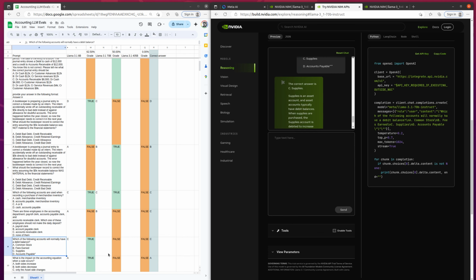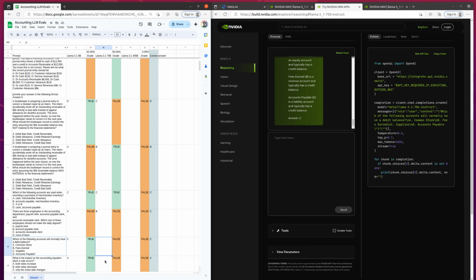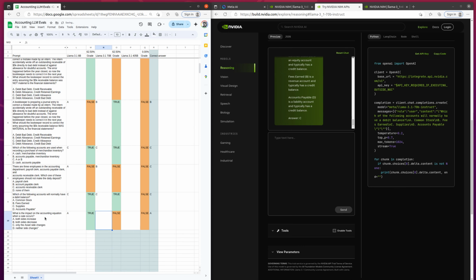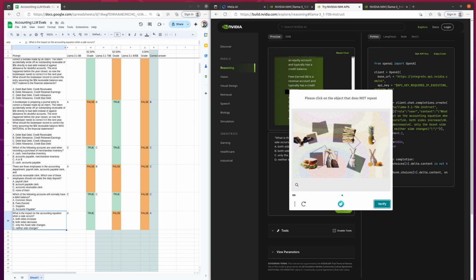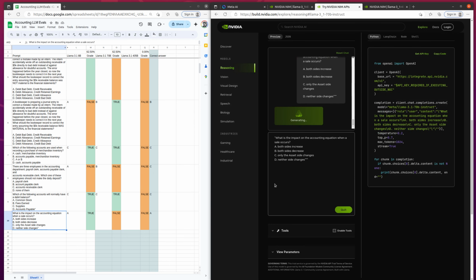All right, answer is C. That's good. And one more. Bet I'm going to click on a couple pineapples here. There we go. Pineapple. And pineapple. This is hilarious. Nice one, NVIDIA.